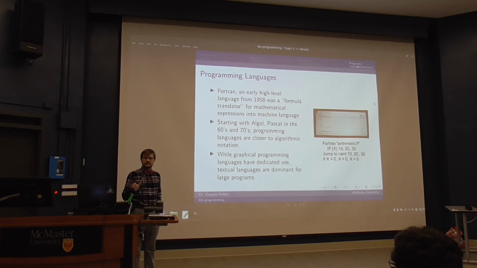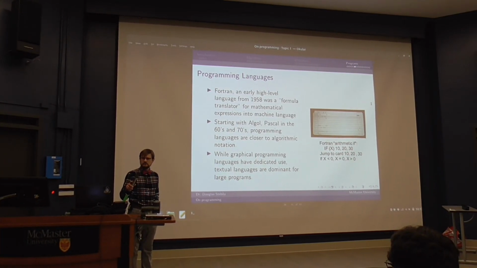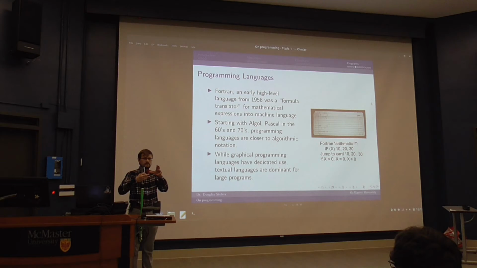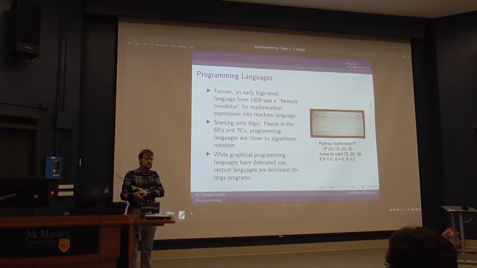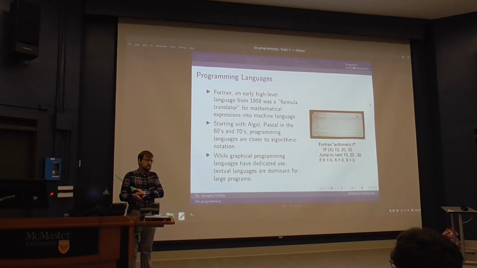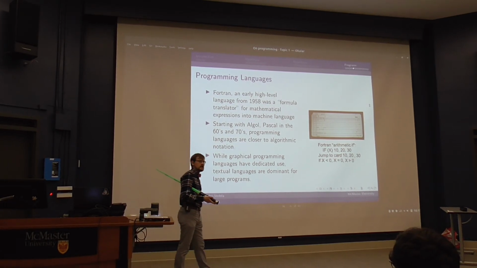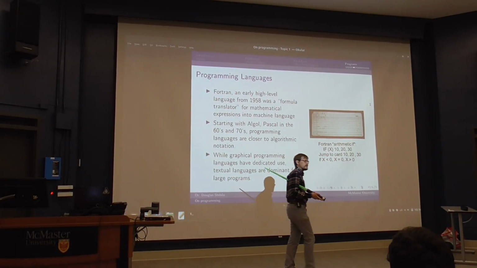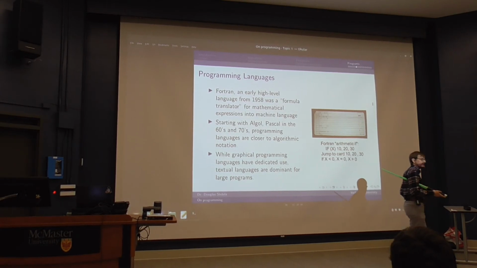Has anybody used, I think it's Scratch, where you click together the code blocks? No serious programmer will ever program in Scratch because it's not fast enough, right? You do occasionally see graphical languages in some obscure domains.